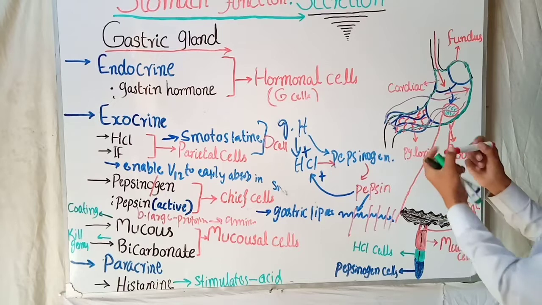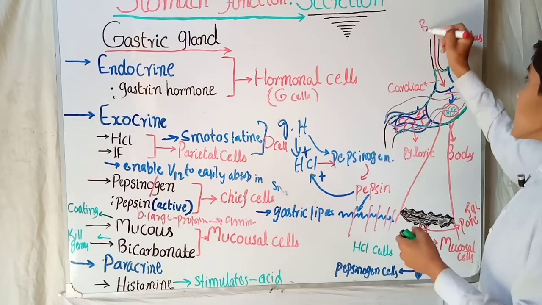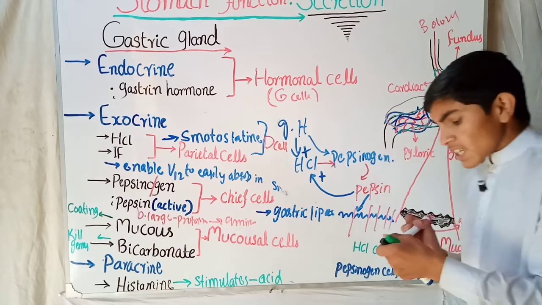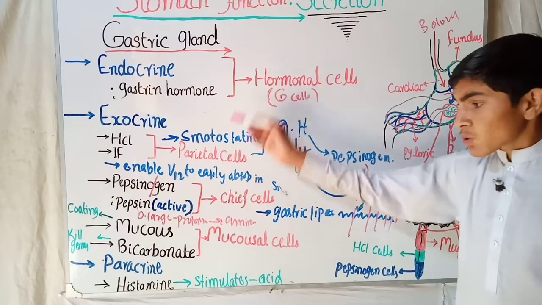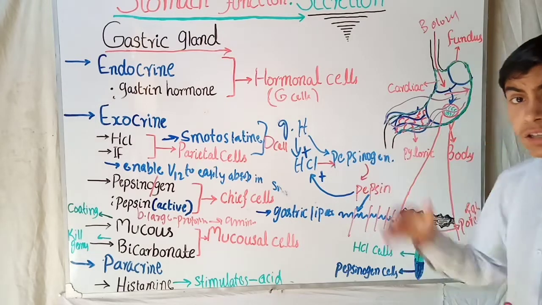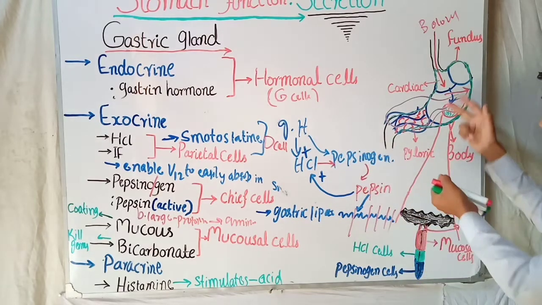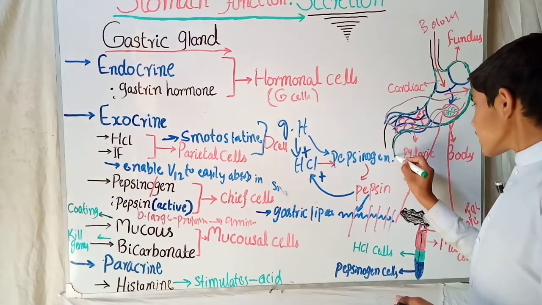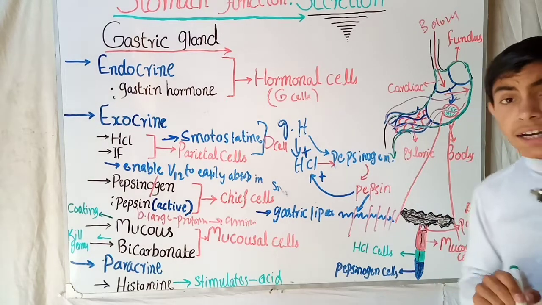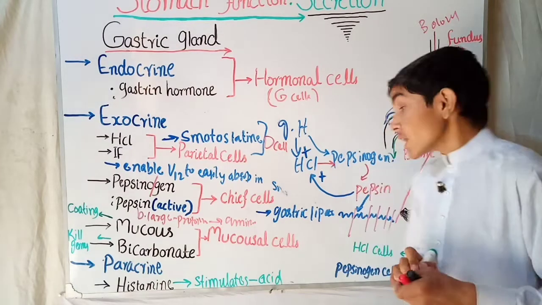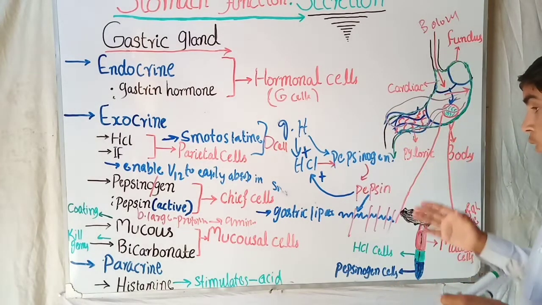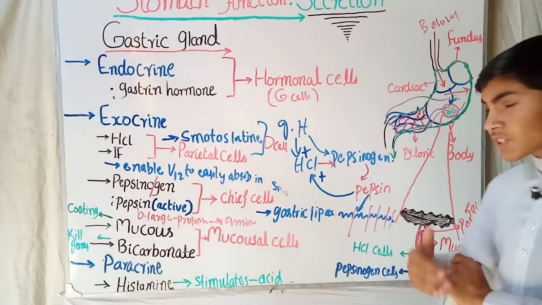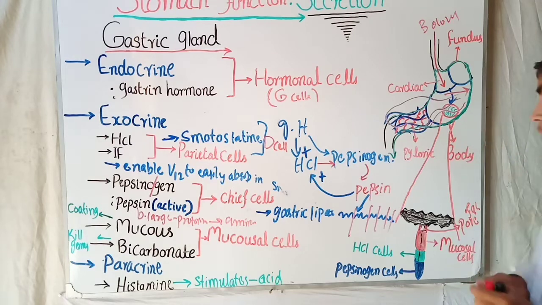Before, the food coming from the mouth was called a bolus. Now, with the secretion of different endocrine, exocrine, and paracrine chemicals, the food is converted into a chyme-like structure, and then it passes to another part of the digestive system called the small intestine, where it is broken down into other particles.